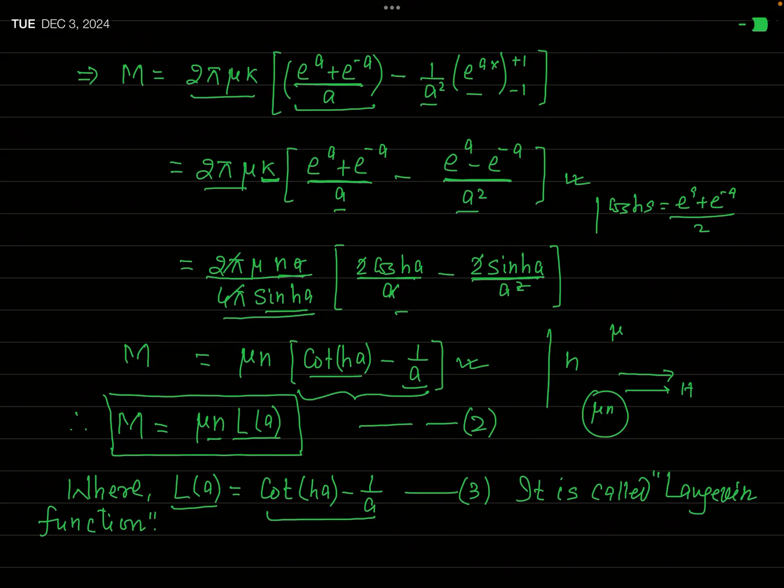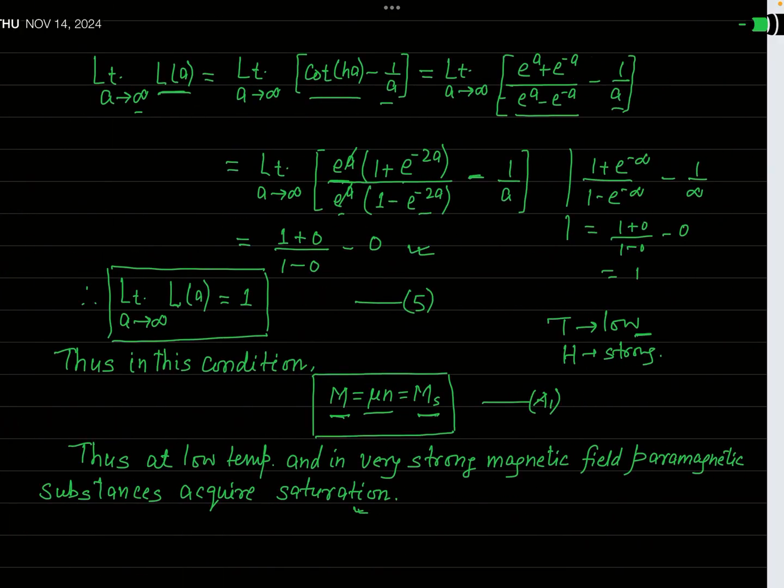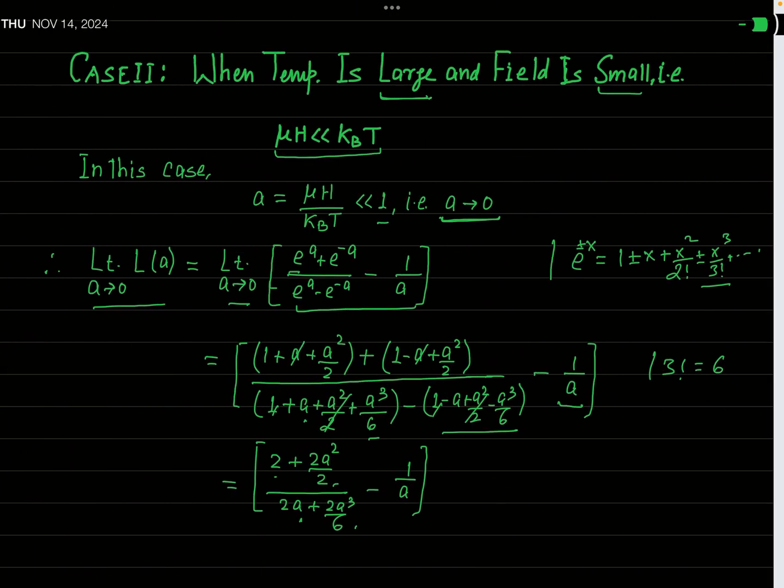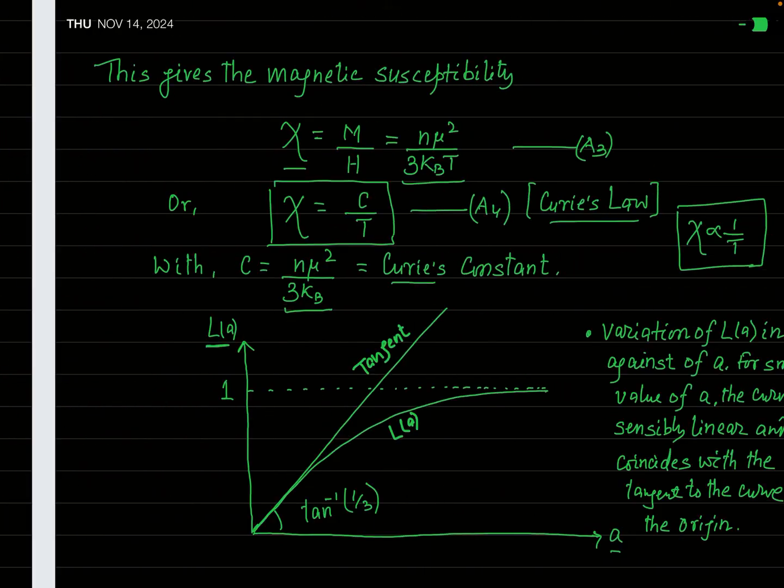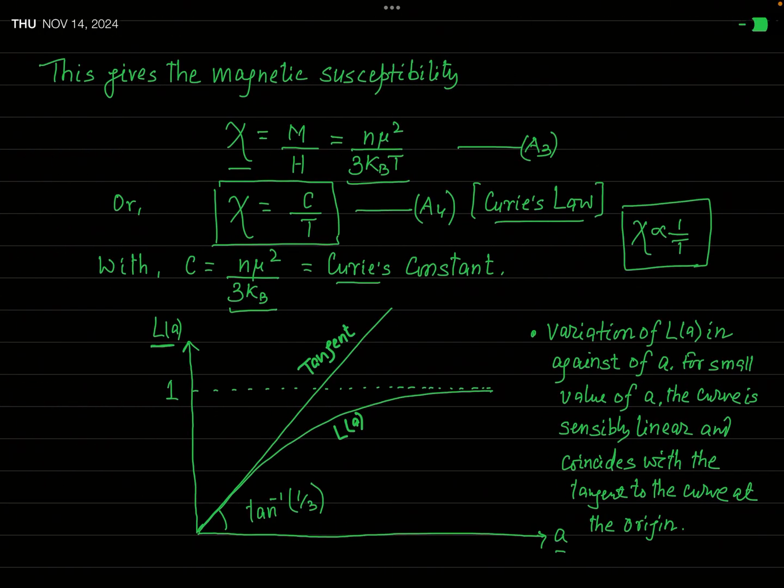But as the value of A increases, the value of the Langevin function increases non-linearly. And finally, it becomes constant when it rises to the value 1. It means the highest value of this Langevin function is equal to 1.